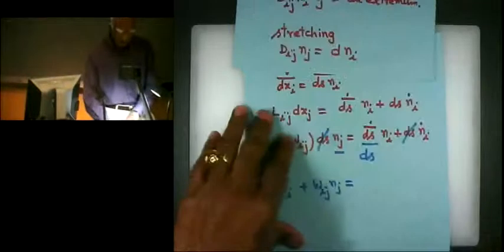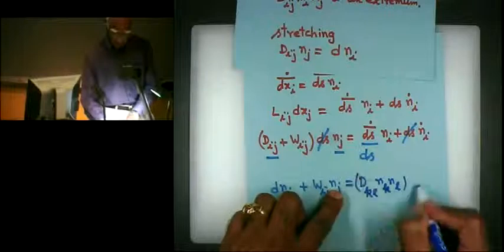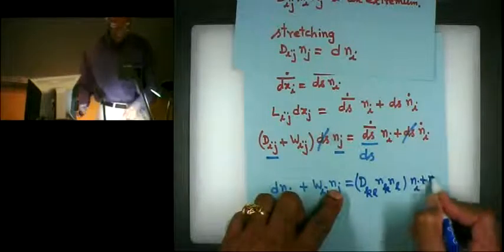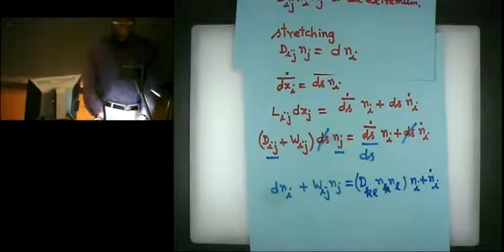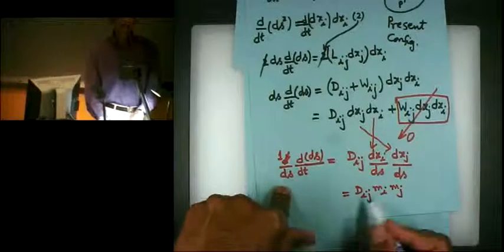So it will be, and I cannot use i and j again, so I'm going to write dkl nk nl ni plus ni dot. If you recall, ds dot over ds was dij mi mj, and we are replacing m by n, but I cannot use indices i and j because I already have an i. So I'm changing ij to kl.